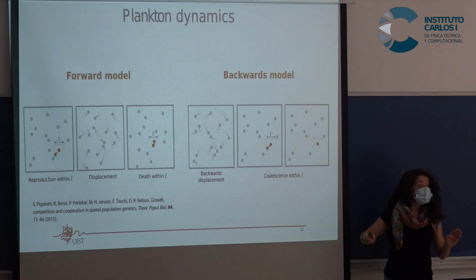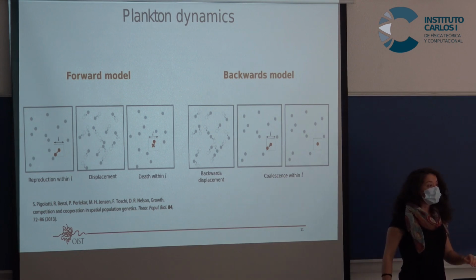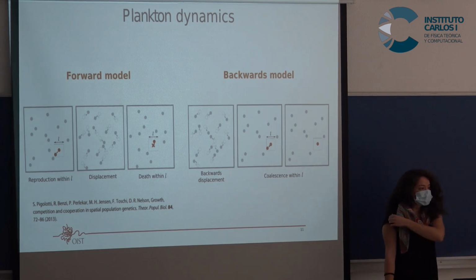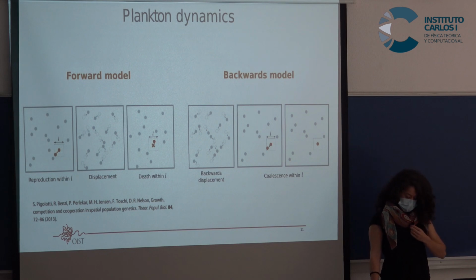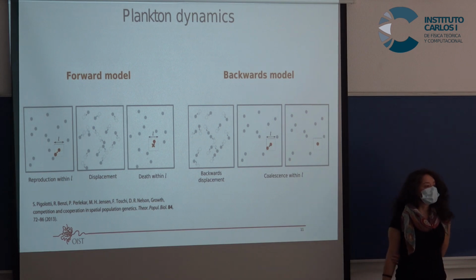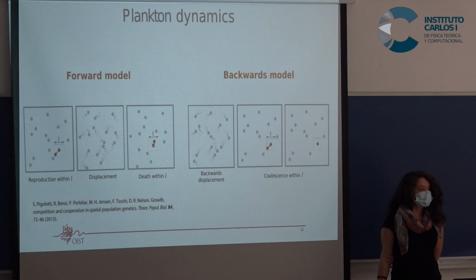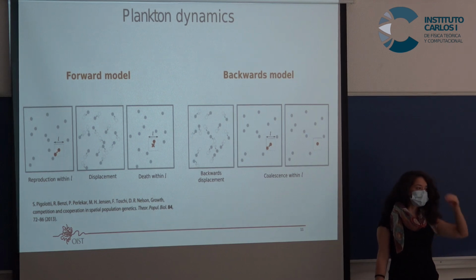Can I say something? Sure. You said it very well, but let me add something for those who maybe never worked with backward dynamics. It's a very nice idea. Imagine we have a model like the voter model, in which you just have two opinions, black and white.